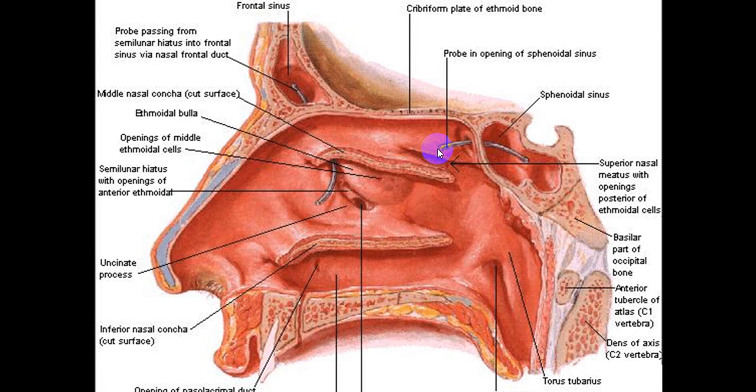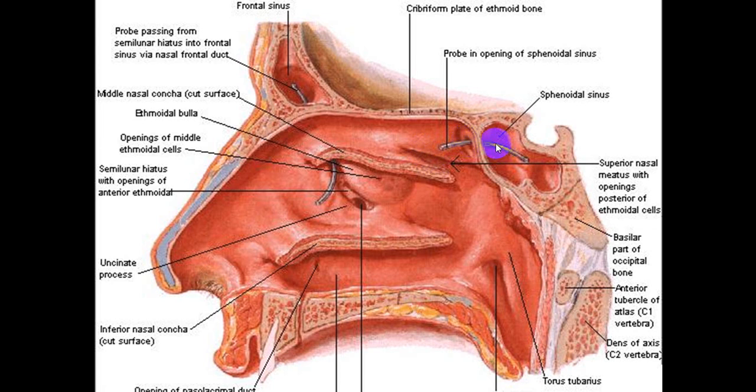Here the superior turbinate and the superior meatus. The posterior ethmoidal air cells open into the superior meatus, and this is the opening of the sphenoid sinus.